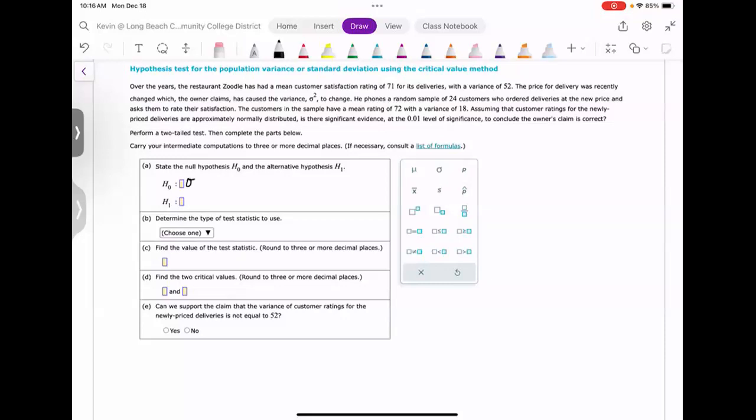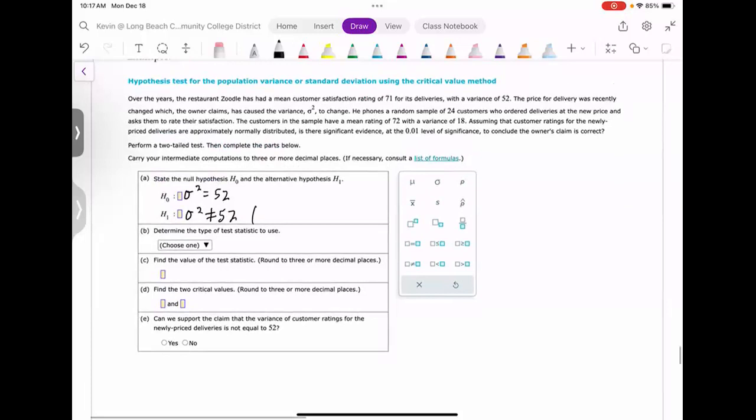We are testing the variance, which is 52, and they are saying that the changes are going to make the variance change. Please note that this is going to be a two-tailed test, which is going to cause us a few more issues than we'd like to deal with, but we have to.